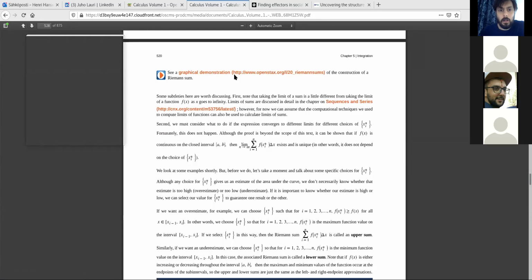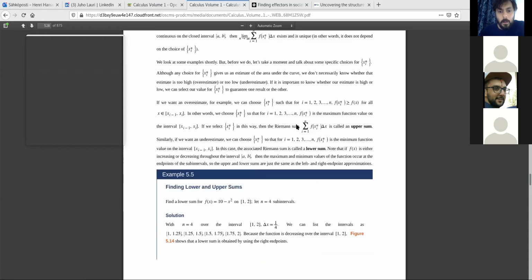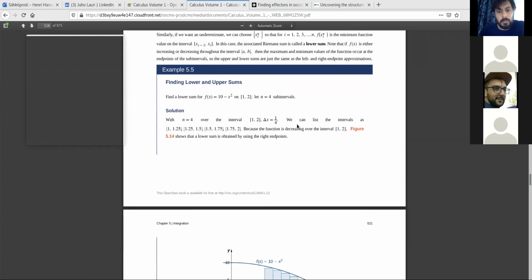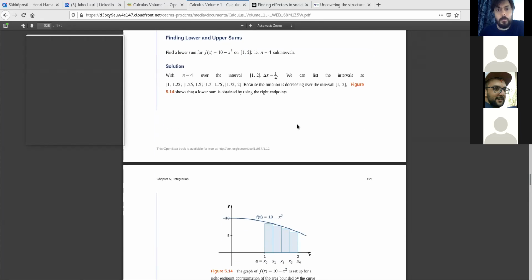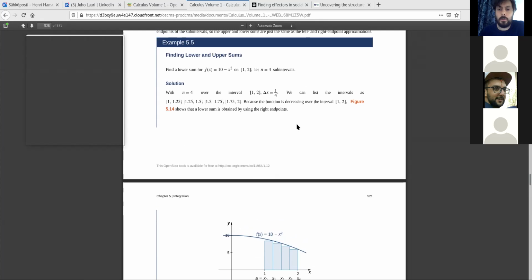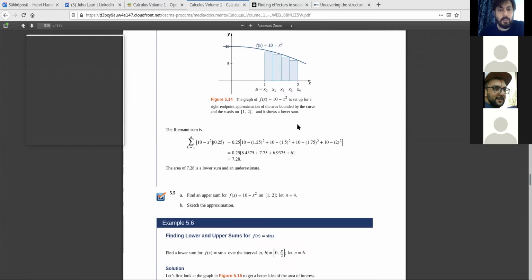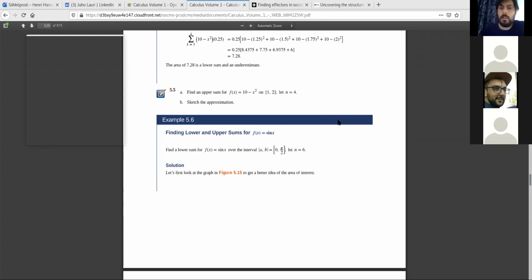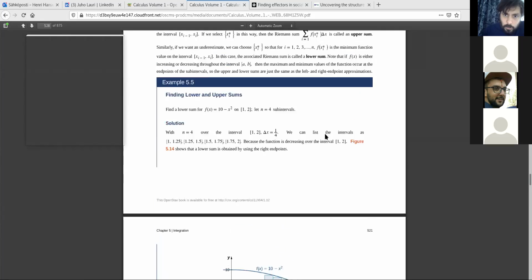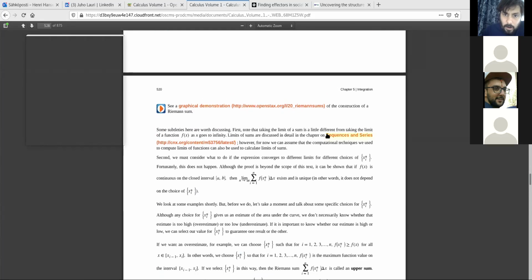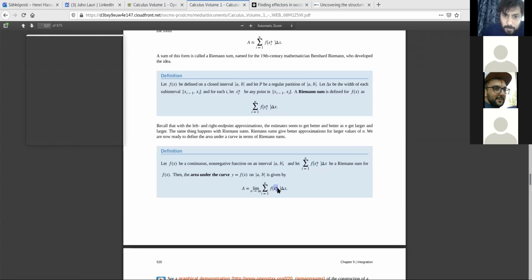There are graphical demonstrations that I urge you to look at, and I'm not going to go there now. I'm going to put some exercises in which we talk about these examples. I'm really sorry that we have to gallop through this stuff, but I urge you to look into this idea and understand that we can use any point in between, because the intermediate value theorem guarantees that there is some point in between in which the approximation is absolutely correct.